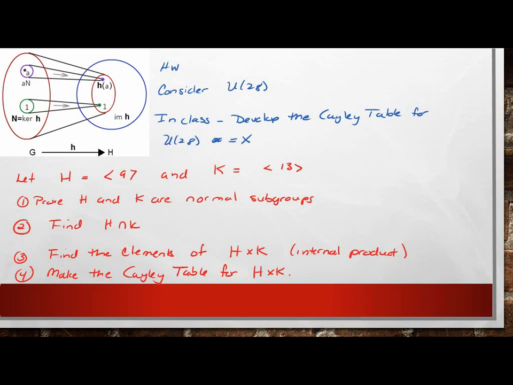I was tempted to do this problem for you so you could see it, but I don't think this is hard. So go back to the definition of internal product and actually calculate out what H times K is going to be, and then make the Cayley table for H times K. And I promise you it's not bad, it's all multiplication, so it's not going to feel bad as you're doing it, like the quaternion group.